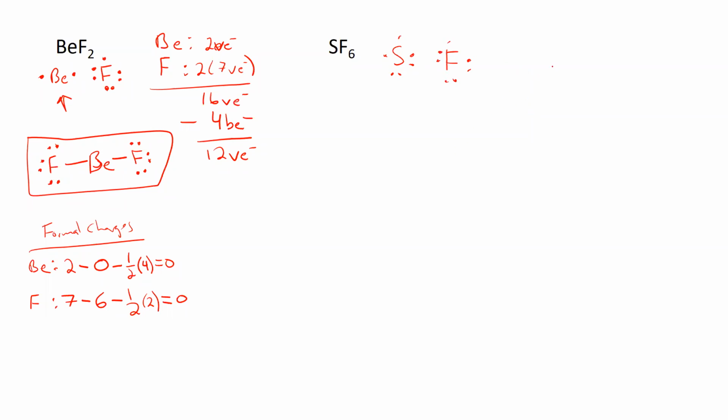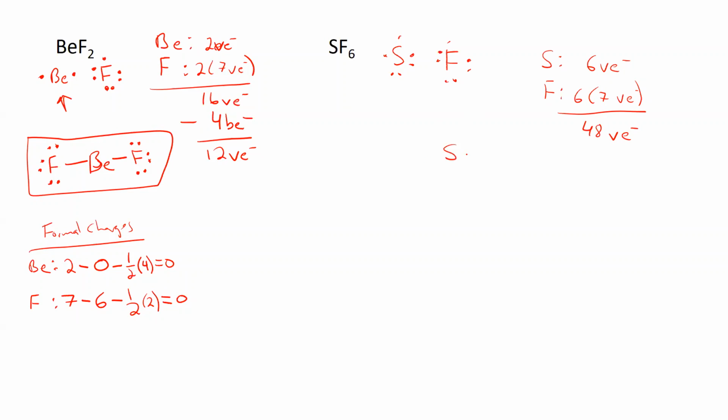So when we do this now, I've got my sulfur, 6 valence electrons. My fluorine, well, this is SF6, so I've got 6 times 7 valence electrons. Well, 6 times 7 is 42, plus 6 gives us 48 valence electrons, okay?